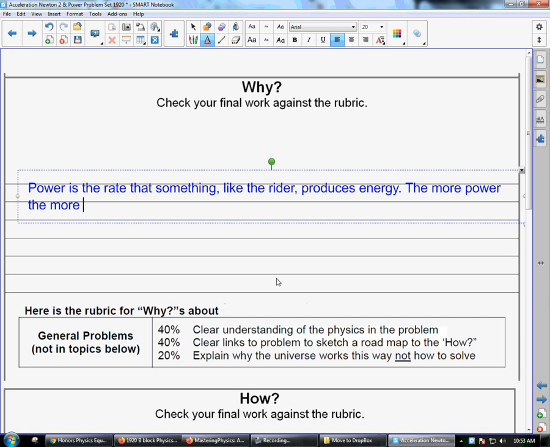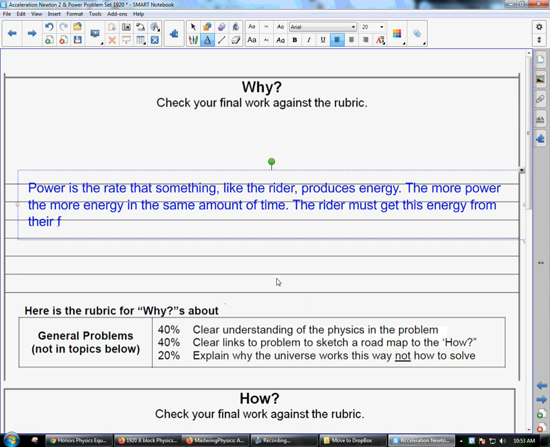I cannot type this morning. Energy in the same amount of time. The rider must get this energy from their food, since we cannot make our own energy from sunlight.